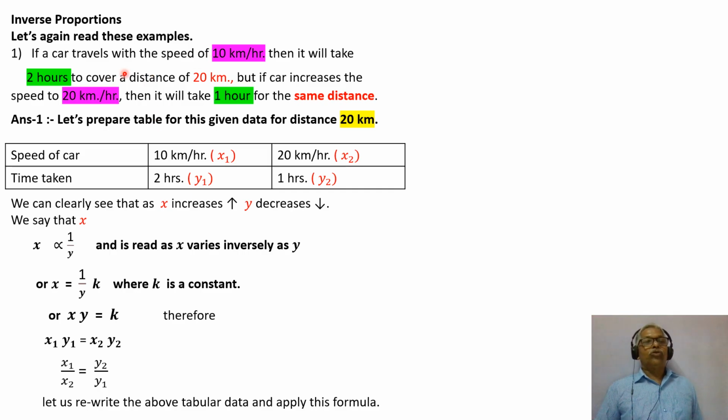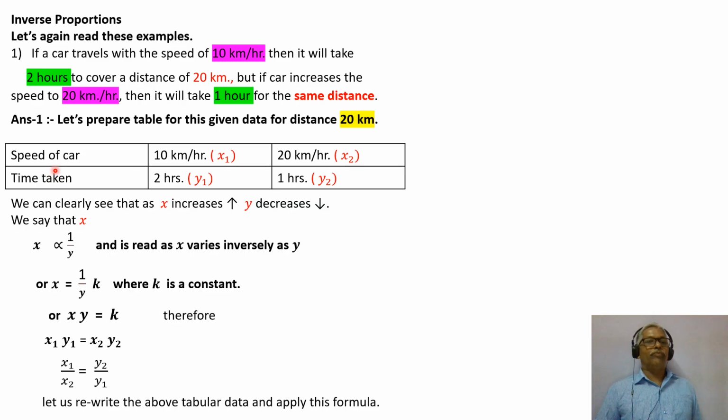Okay, so see, this distance is constant, the same distance. So the varying parts are speed and time taken. Let us prepare a table for this given data and try to put this into a mathematical form.